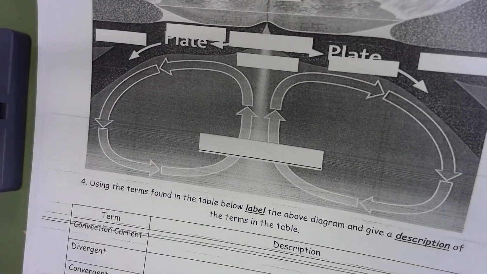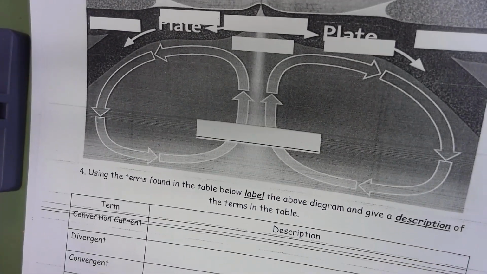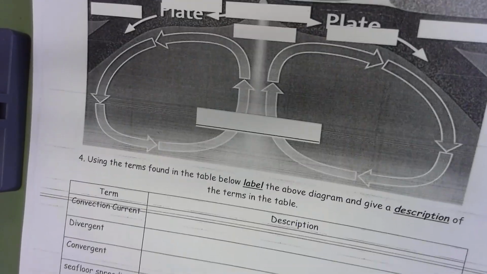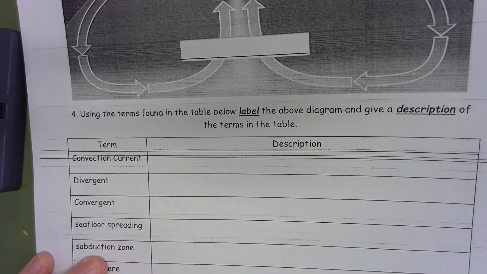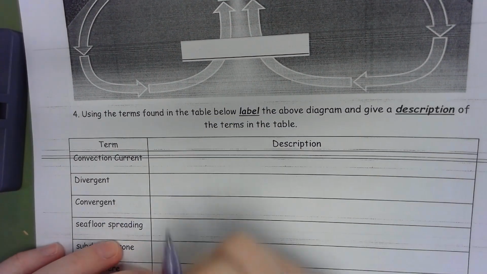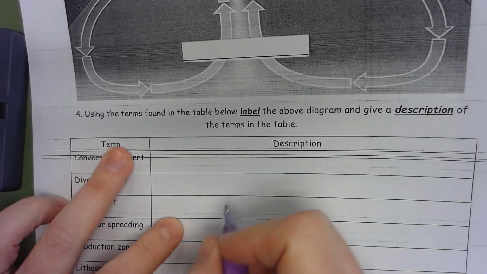Using the terms found in the table below, label the above diagram and give a description of the terms in the table. Alright, the first thing I'm going to do is write my vocabulary so that I can use it to solve. Alright, convection current.